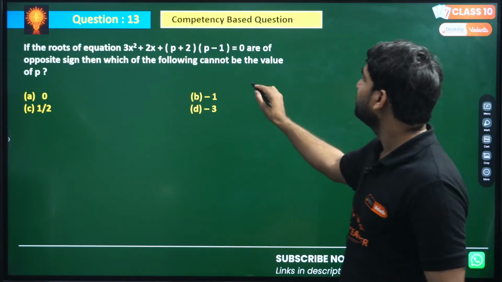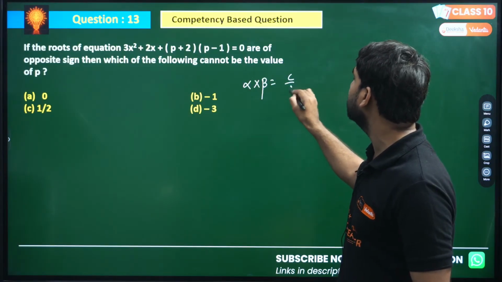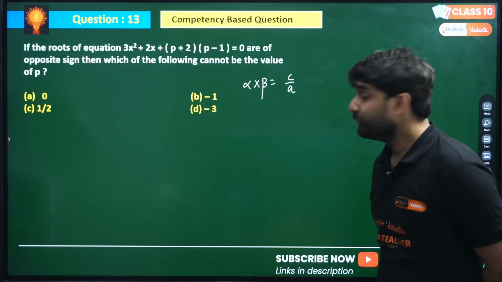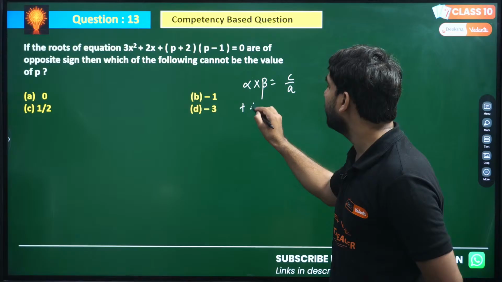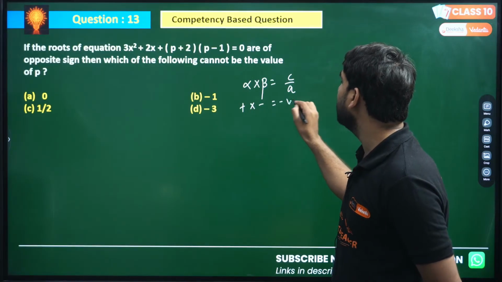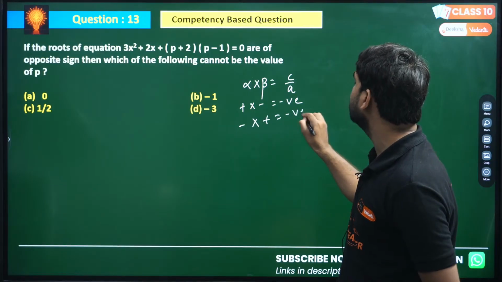If I multiply the roots, alpha into beta, you know it is C by A. If both roots are of opposite sign, positive into negative, the result will be negative.